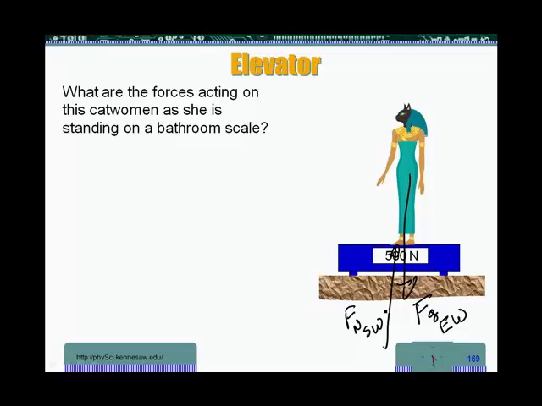Both of these forces have to be balanced, since we don't see the woman either flying off or sinking into the bathroom scale. So these two forces are equal in magnitude, equal and opposite. But remember, they are not action-reaction pairs. They both act on the same object, the Catwoman.